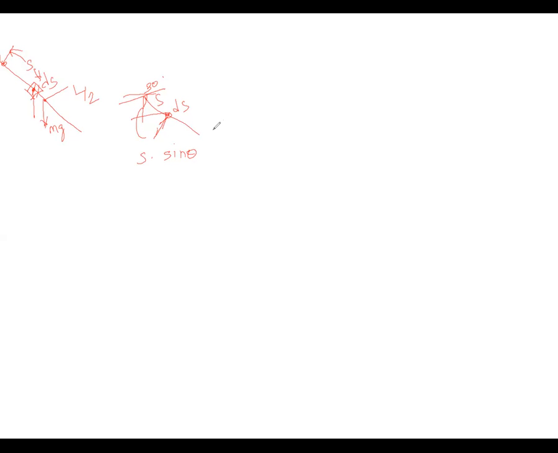Then the torque due to pressure is rho g, where the y value is S sine theta, times the differential element, times the distance S. This is the torque due to pressure of water.